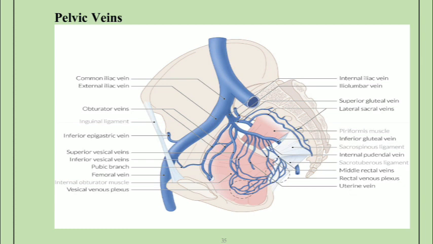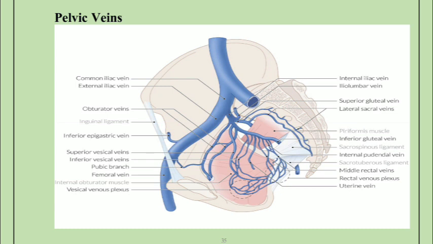So all the pelvic veins are illustrated here. You can see the obturator veins, the superior vesical vein, inferior vesical vein, and the inferior hypogastric vein. So the pelvic venous plexus is illustrated right here. The superior gluteal vein is there.